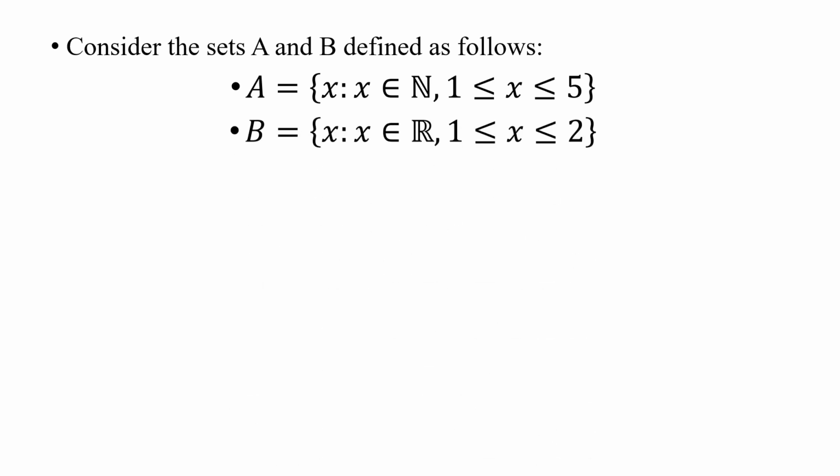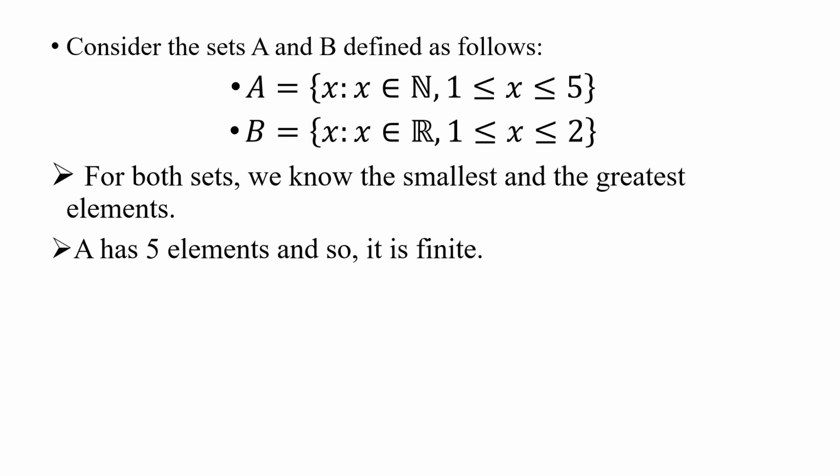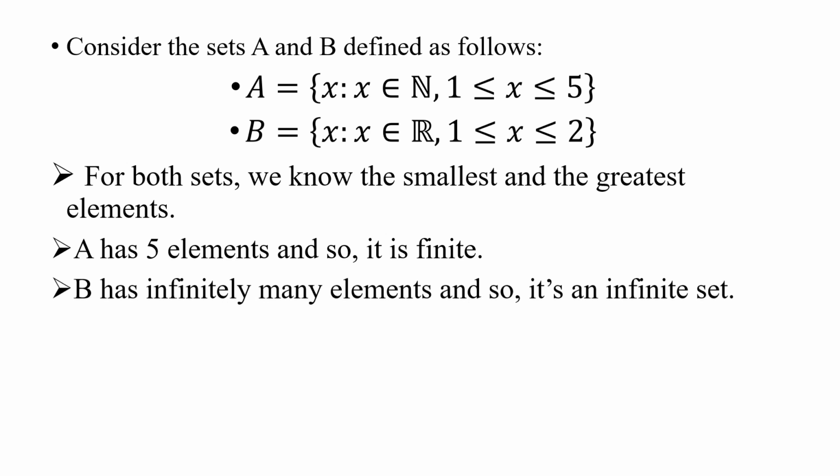B is the set of all x such that x is a real number, where x is greater than or equal to 1, but less than or equal to 2. In both sets, we know the smallest and the greatest elements. A has 5 elements, and so it is finite. B has infinitely many elements, and so it is not finite.